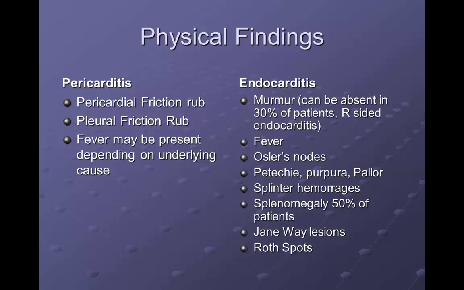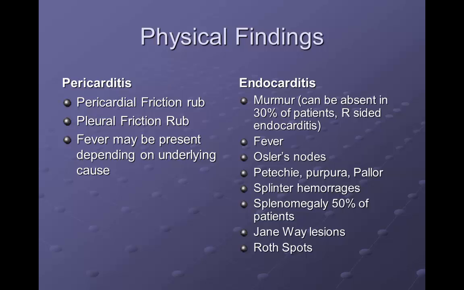Or if you have 1 major and 3 minors, which minors are IV drug abuse, fever, notice that fever is not a major criteria, so fever more than 38 centigrade, or any vascular or immunological phenomena.